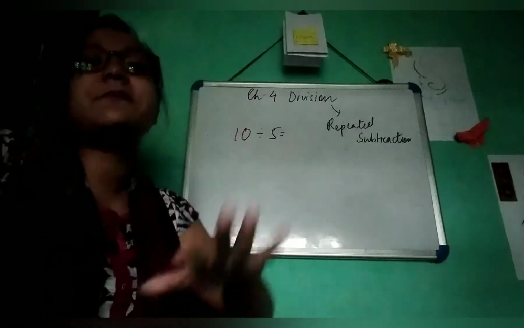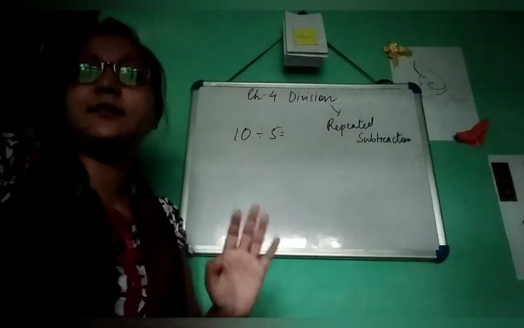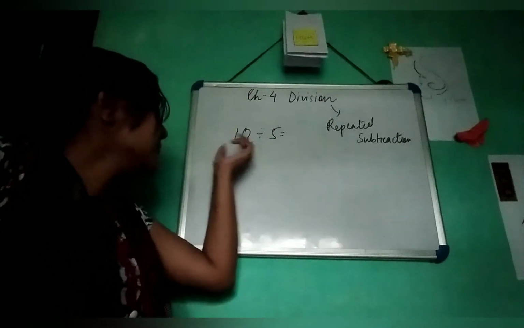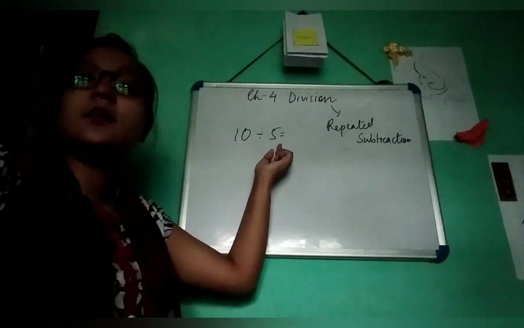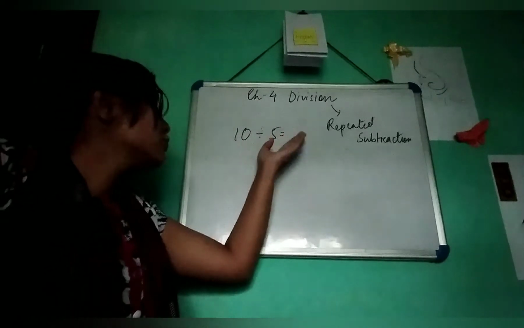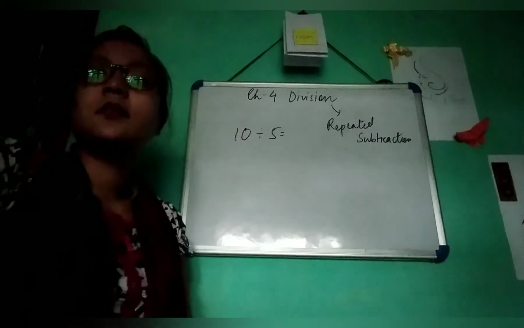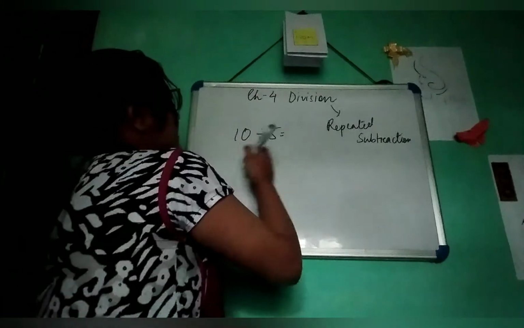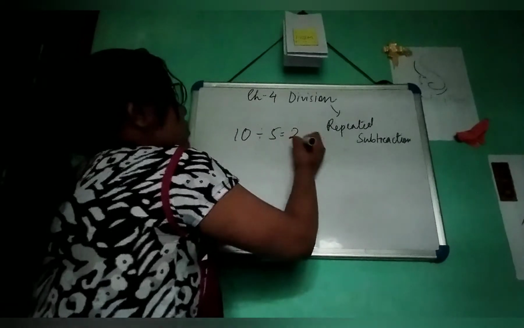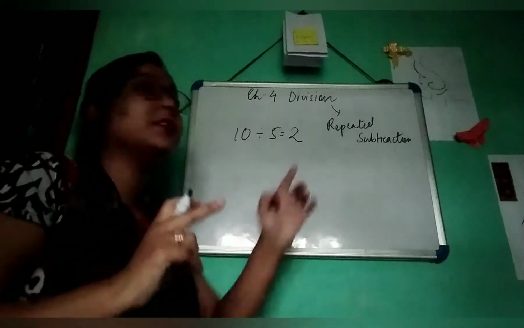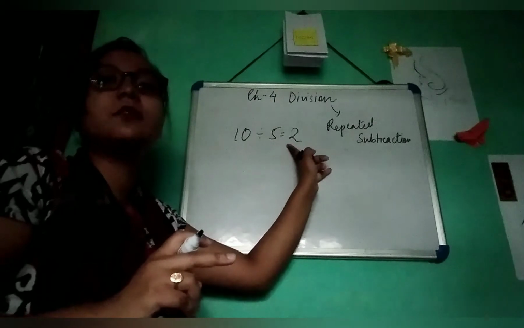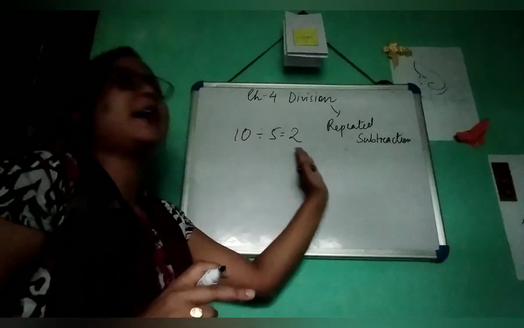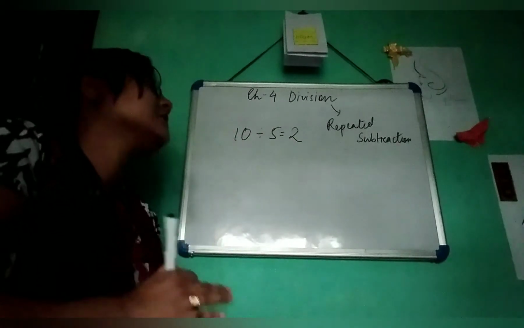You have given to 5 students and it should be equally distributed. So how much will each get? Obviously, 10 divided by 5 means 2. Each student will get 2. So 10 divided by 5 is equal to 2. So that is the concept of division.